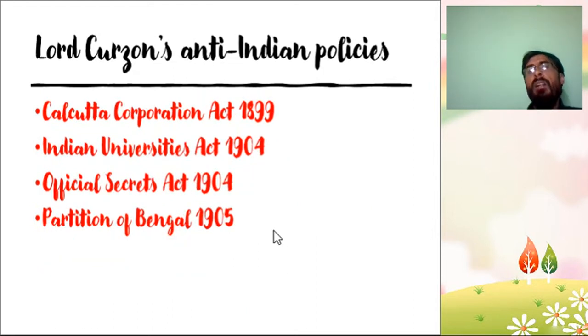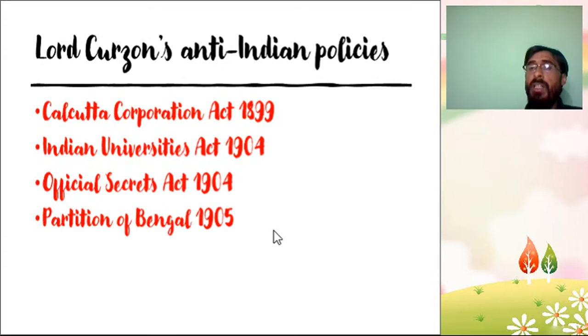Then, Lord Curzon's anti-Indian policies are also regarded as a cause responsible for this act. Lord Curzon became the Governor General of India in 1899, and he remained in that position till 1905. He was the person who believed that he could force the Indians to establish the supremacy of the British and to accept the British rule in India.